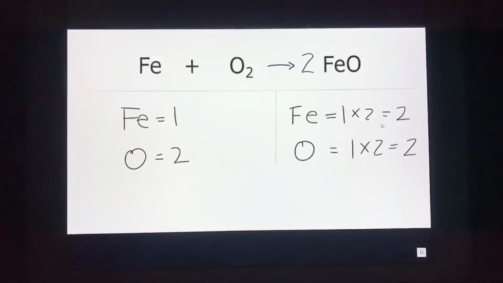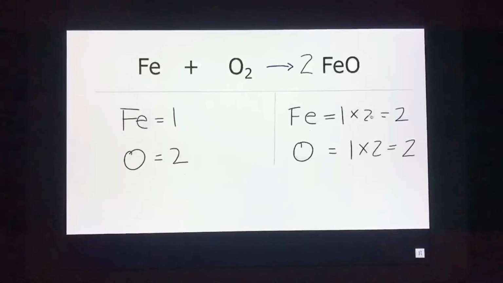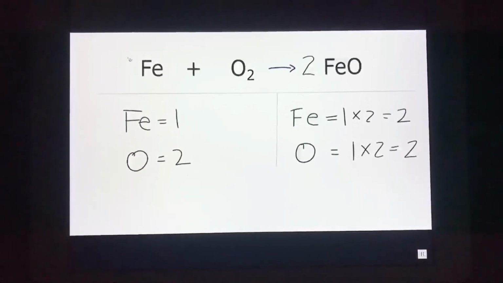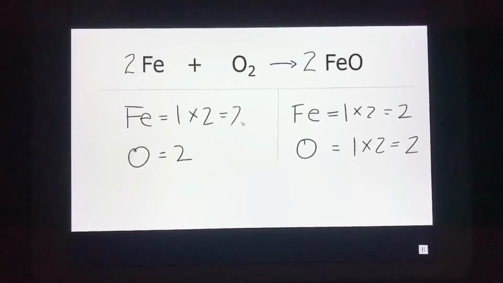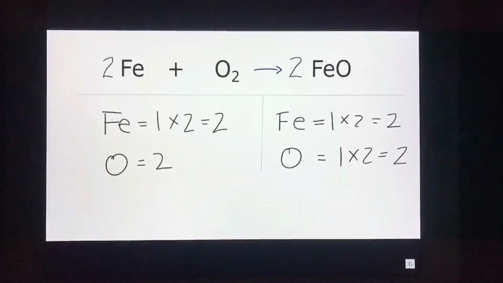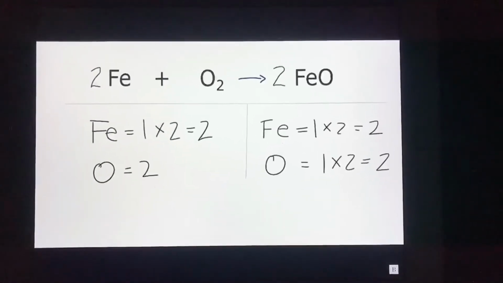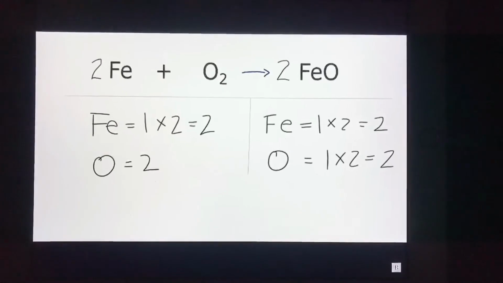Now on the reactant side we have to balance iron, so we multiply that one iron by 2 to get the value exactly. This is the way we will do it. I hope you are understanding it in a better way.